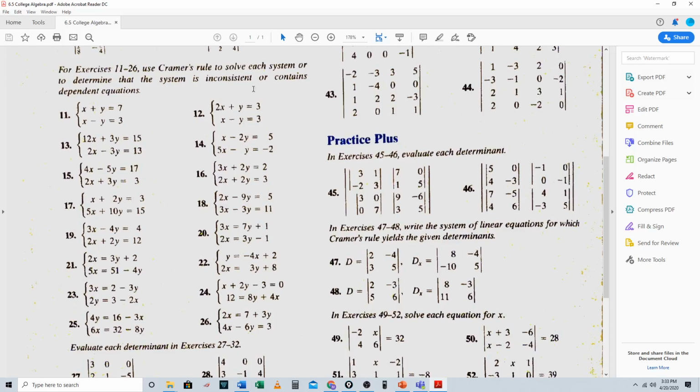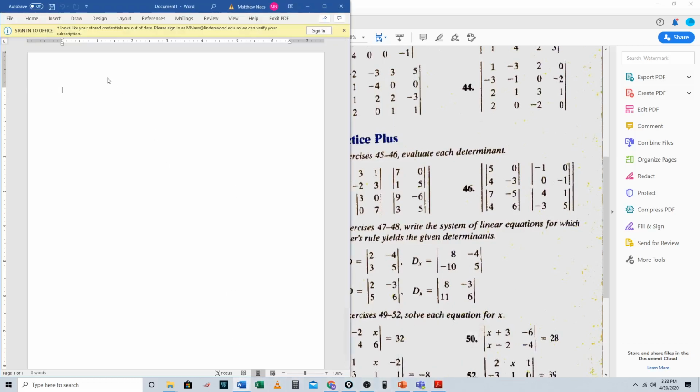We didn't talk about inconsistent and dependent equations. Okay, let's talk about that real quick. Let's say you do your Cramer's rule and you find that, let's say we do our 3 by 3, and we have d, x, y, and z, and the determinant of d is 0.